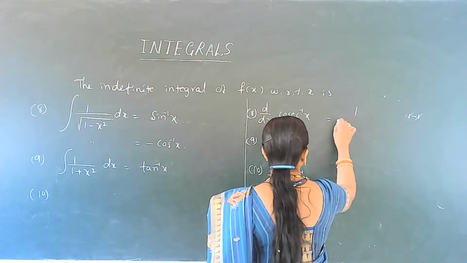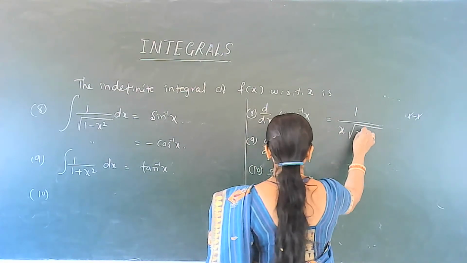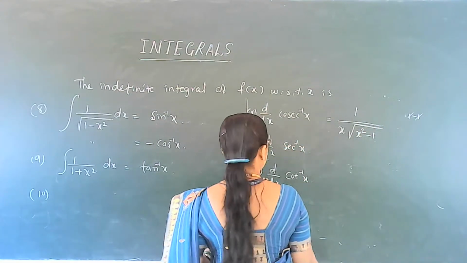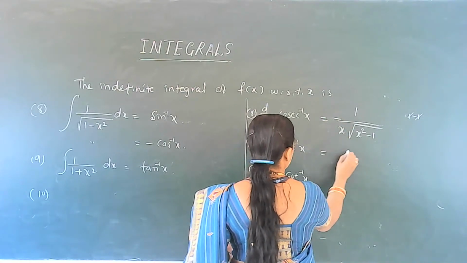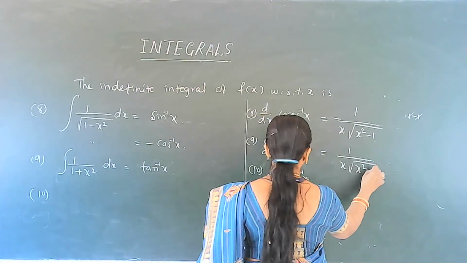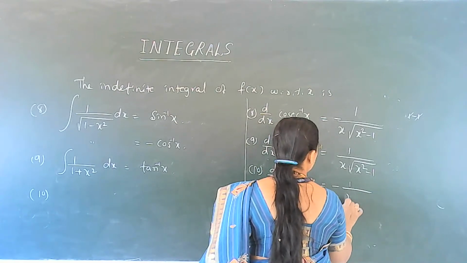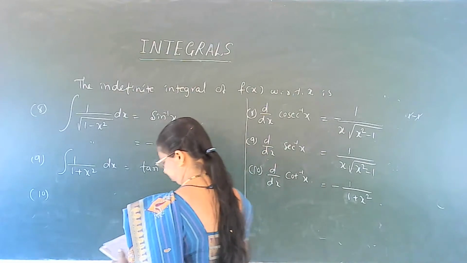Here, the derivative of cosec inverse x is minus 1 by x into square root of x square minus 1. The derivative of sec inverse x is 1 by x into square root of x square minus 1. The derivative of cot inverse x is minus 1 by 1 plus x square.